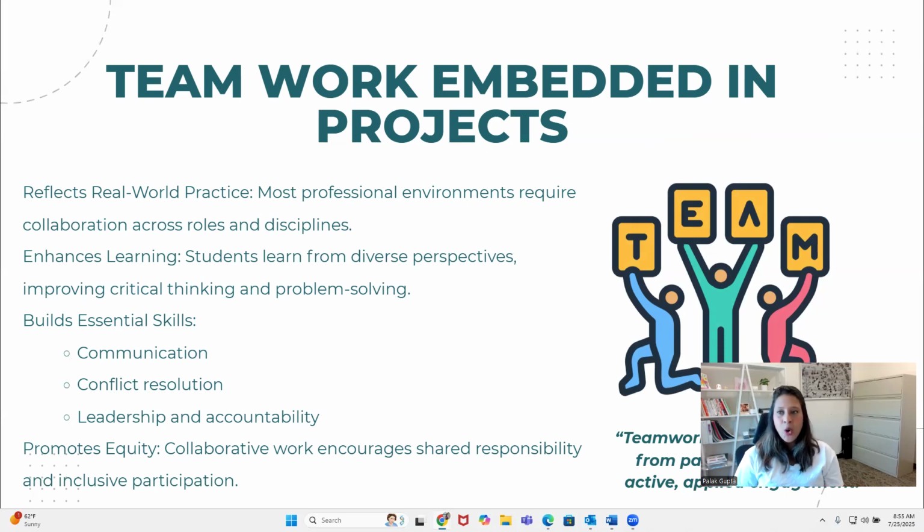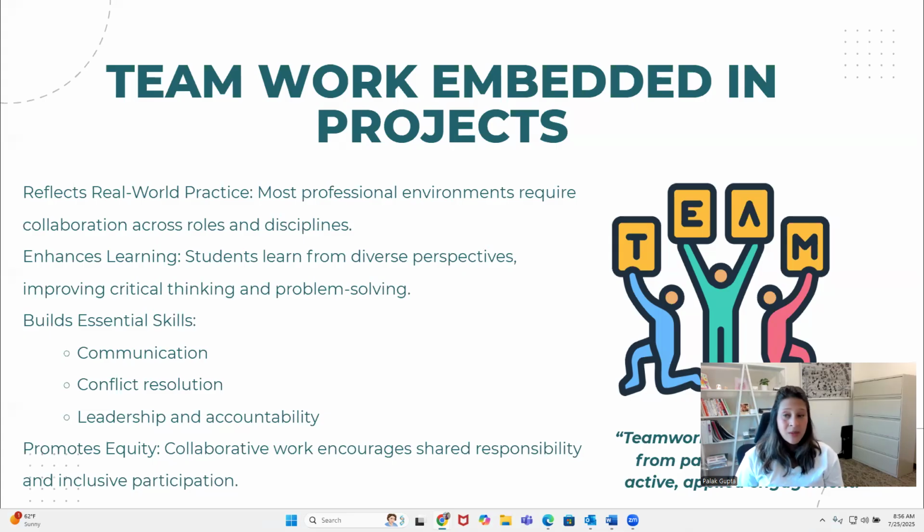So teamwork in a course model can look like this in my class. There are many collaborative assignments, and in the next slide, I'm going to talk about the assignments little by little. We have groups develop data collection tools together, which they implement in the community. They do community needs assessment jointly.